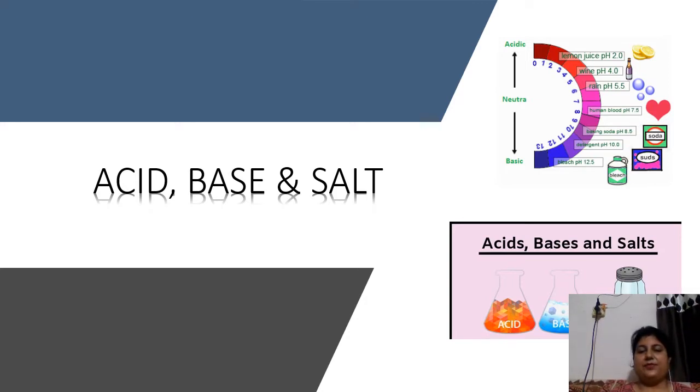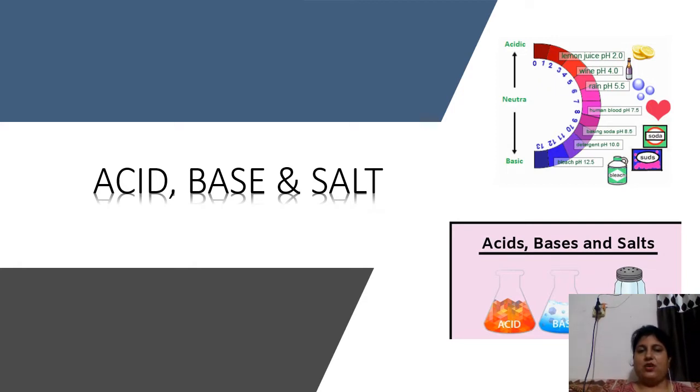Now it is time to continue our studies because your boards are coming, so we have to prepare for it. Today I am going to start the chapter named Acid, Base and Salt. We all learned about acid, base and salt in previous classes, but now in 10th class we have to study these substances in detail.